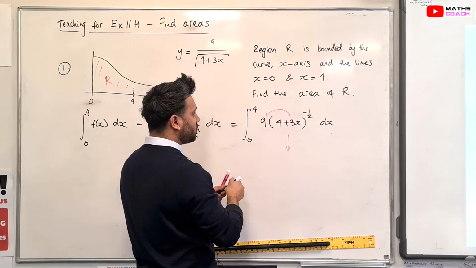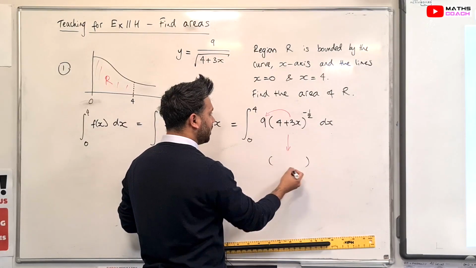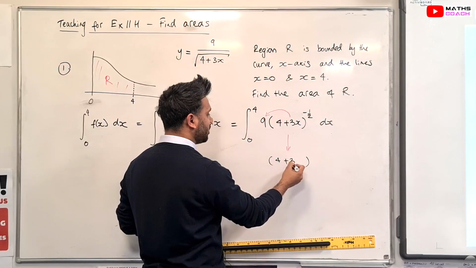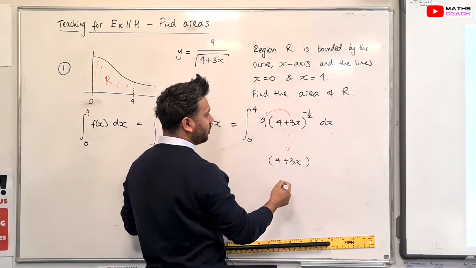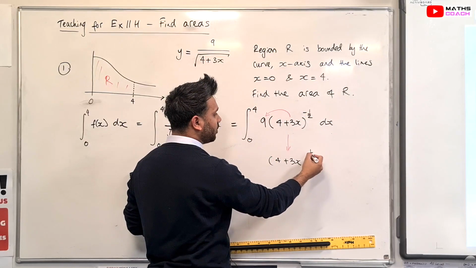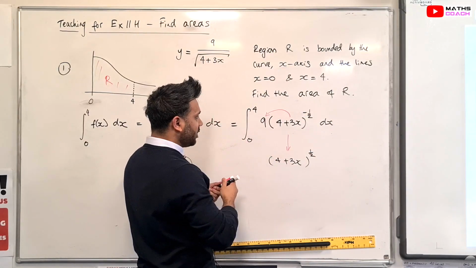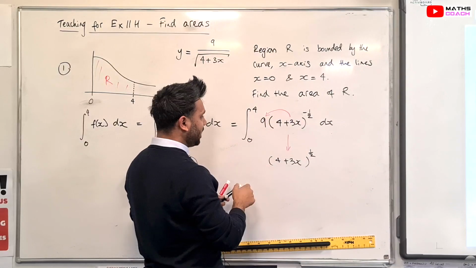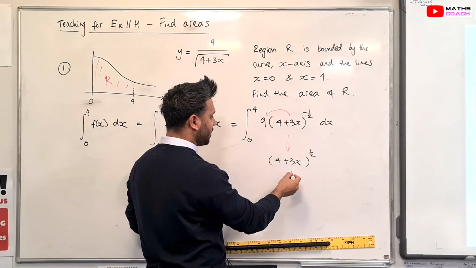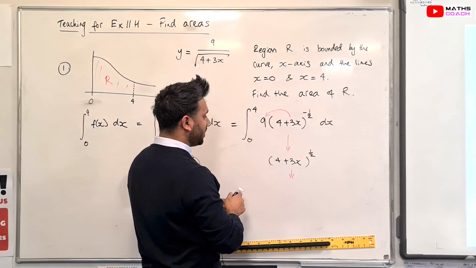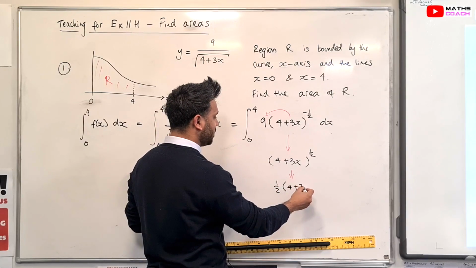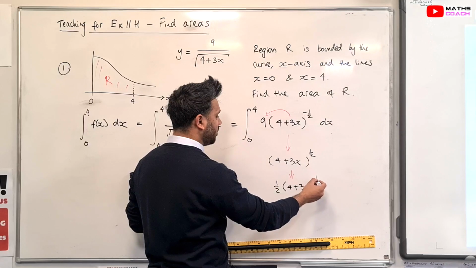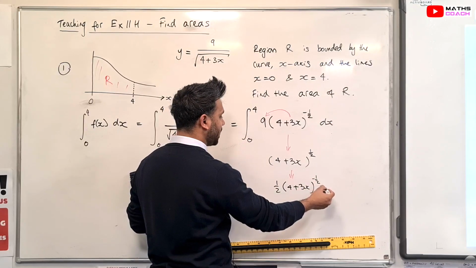What we do is we try the same bracket, 4 plus 3x, with the power of 1 more. One added on to minus a half gives you a power of a half. Now, this has to differentiate back into the original. If we differentiate this, we get a half times the bracket 4 plus 3x to the power of minus a half, times 3.